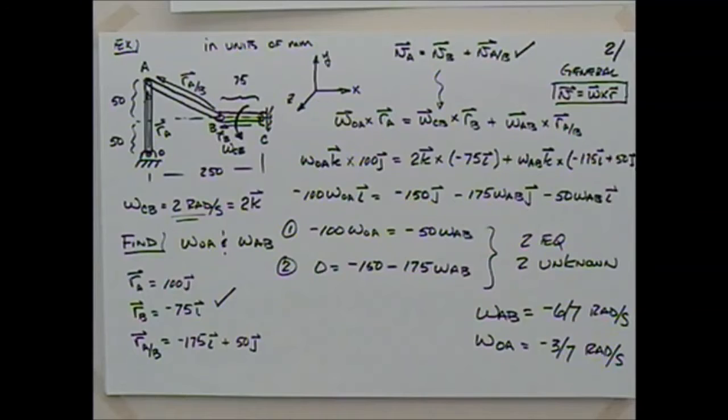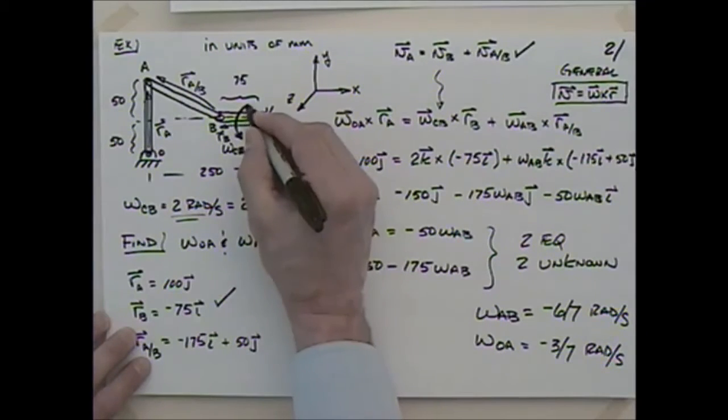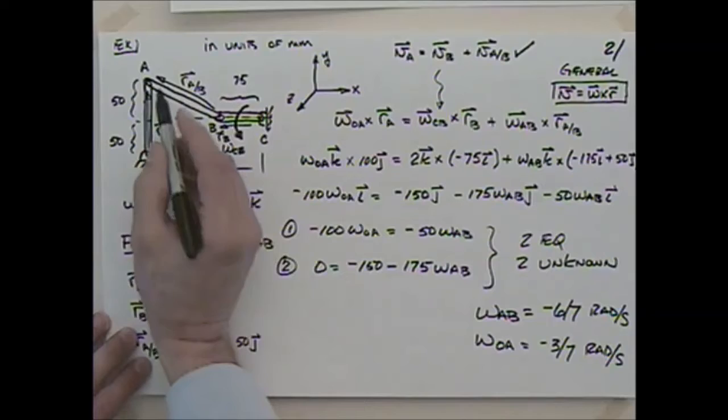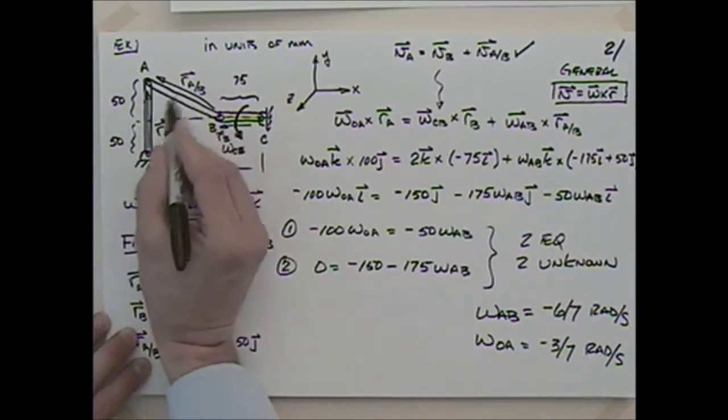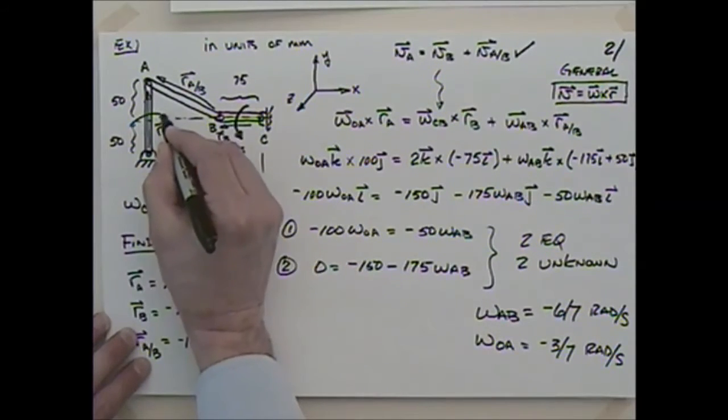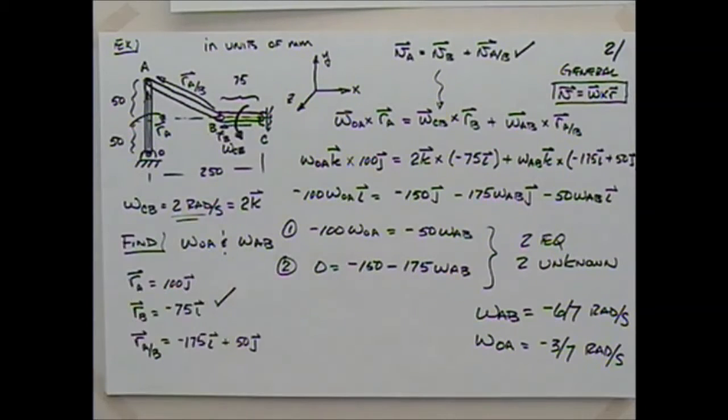Both of those are actually in the negative K direction, aren't they? Which probably makes sense. I think if this one were going down, you could recognize fairly easily that the velocity of A is to the right, and this one would go that way. And of course, the right-hand rule is going to put that into the page. So the omega AO should not surprise us being a negative number.